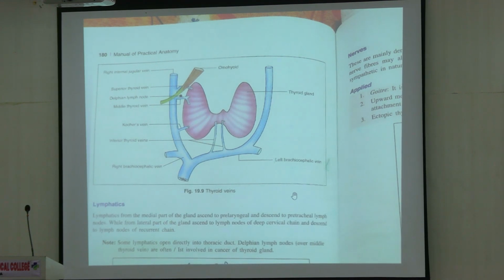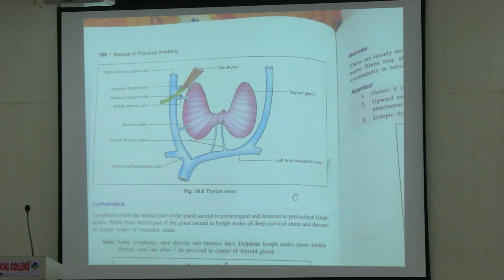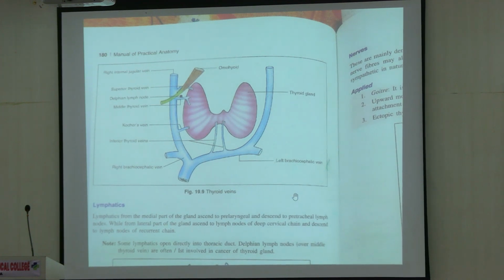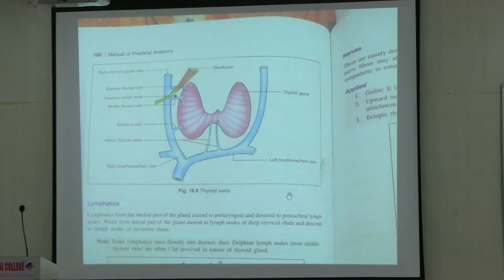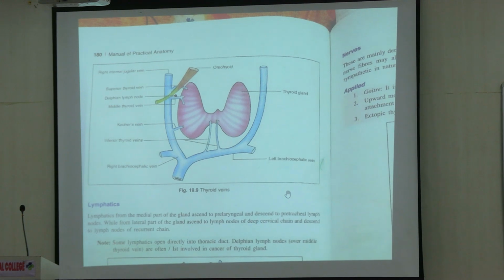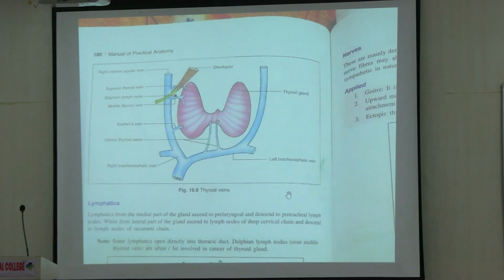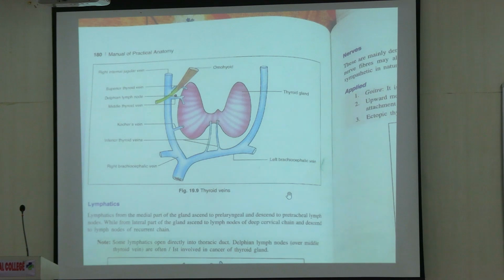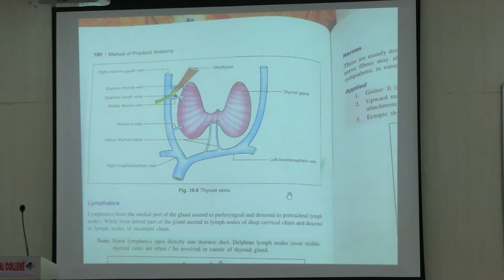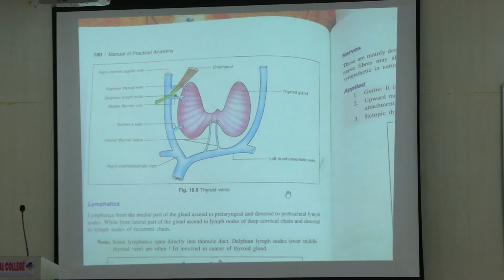This Delphian node. You have to know the lymphatic drainage. If you cannot remember everything, you should remember the pre-laryngeal lymph node in front of the larynx, and the pre-tracheal lymph node in front of the trachea.